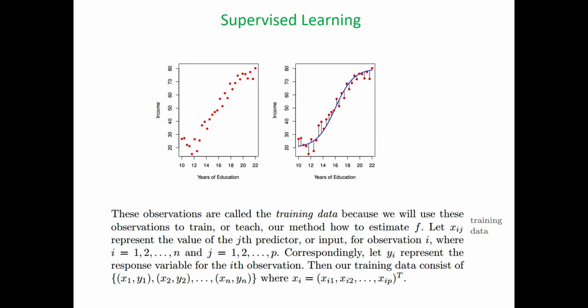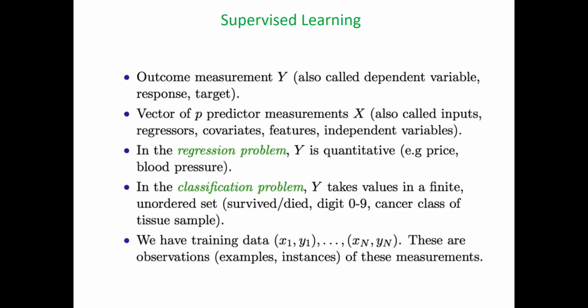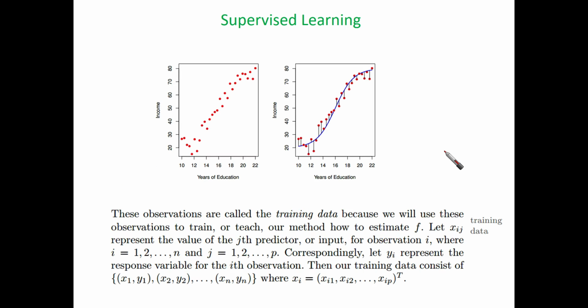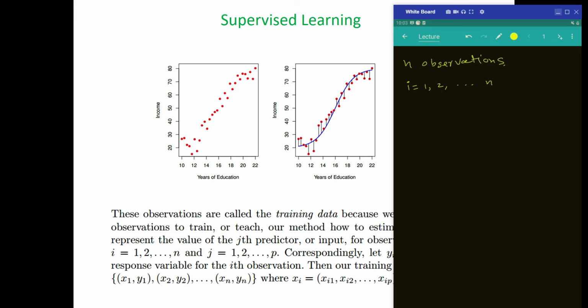And how many features? If we go back, we saw the predictor measurements, or features. Let's say we have p features, so j is 1, 2, up to p.